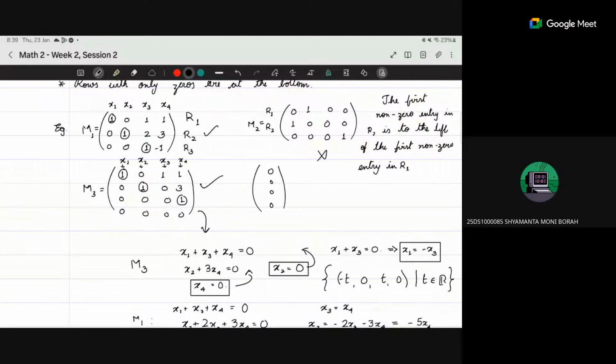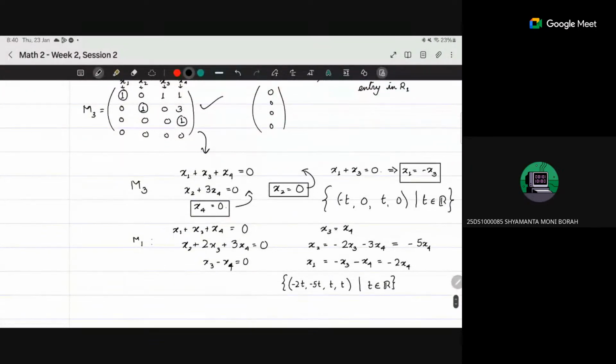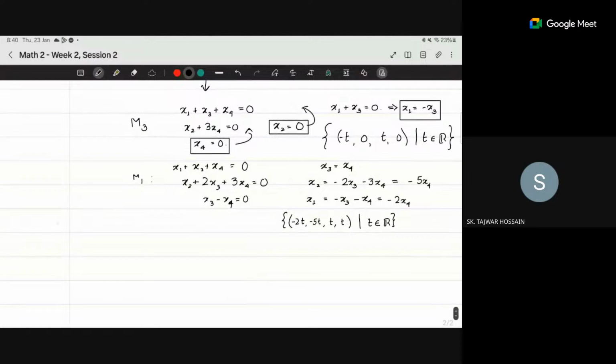If there is a one, it is dependent. If there is no one, it is independent. So this one doesn't count. It has to be a leading one. Is that fine? Yes, sir.